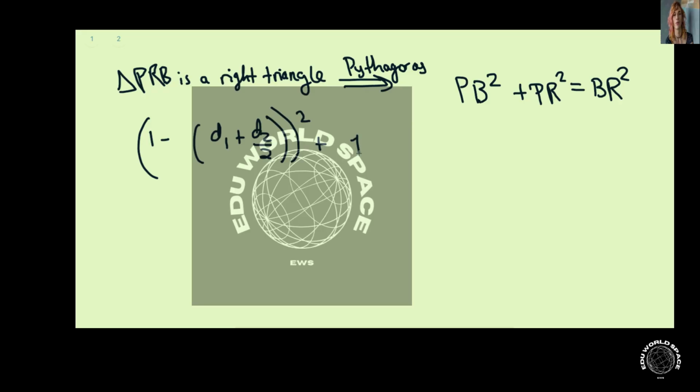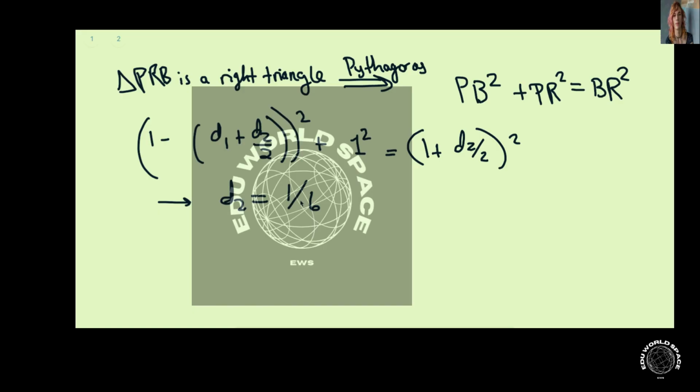But then PR, that's just 1 squared. And then BR is 1 plus d2 over 2, squared. Go ahead and solve that for d2, and you'll end up with 1 over 6.